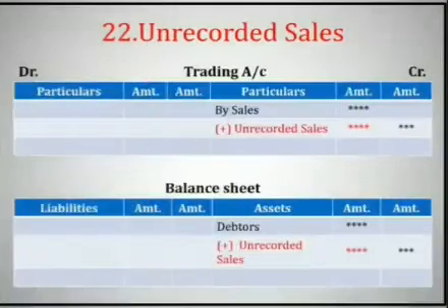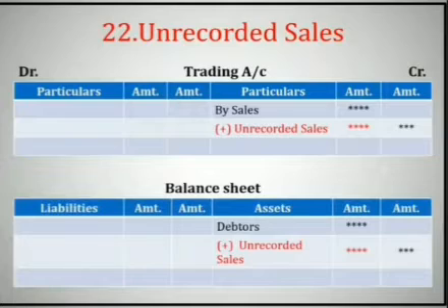In the same way, we are going to see the next adjustment, unrecorded sales. Whenever sales are made during the year but they are not entered in the books of accounts, that time again we have to add to the particular sales, then our sales will get increased as well as our debtors will also get increased.